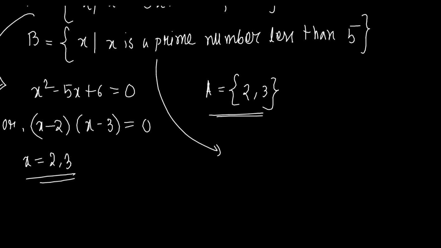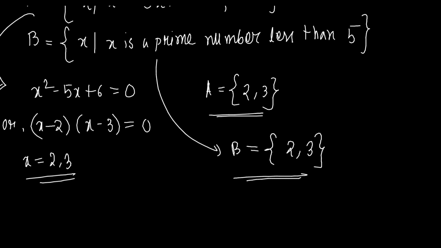Except 1 and 4, from x equal to 1 to x equal to 5, the prime numbers are 2 and 3 only. So B is containing two elements in the set, 2 and 3.